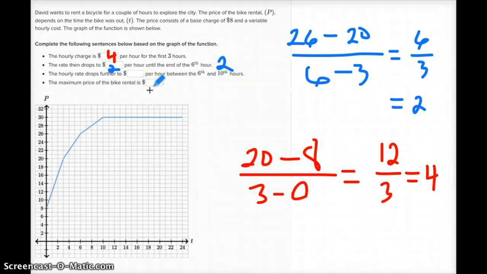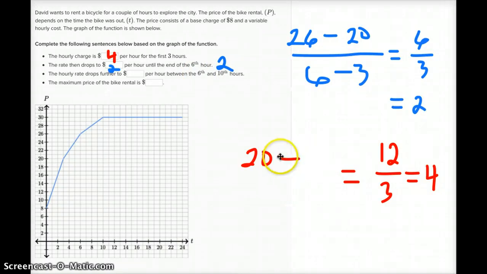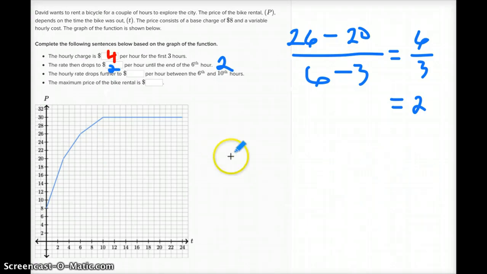And then for the third question, the hourly rate drops further to how many dollars per hour between the 6th and 10th hours. So now let's go ahead and delete all of this. Alright, and so now we're going to look here before the bend up onto 10. I'll also do this in a different color. We'll go back to red.